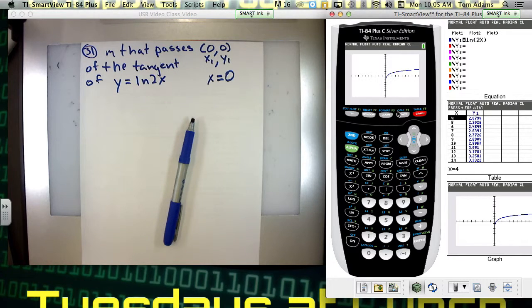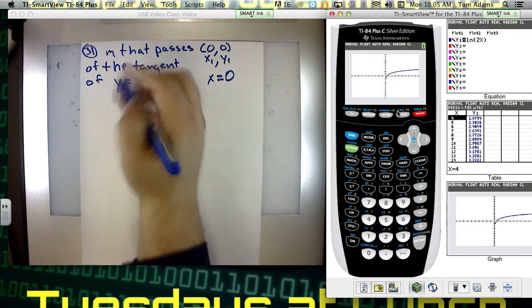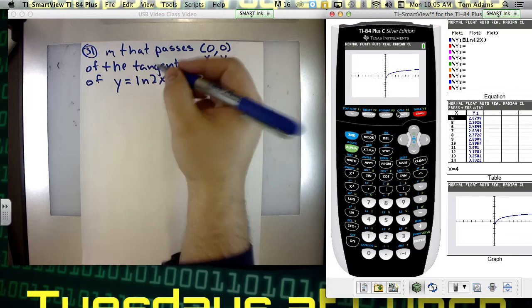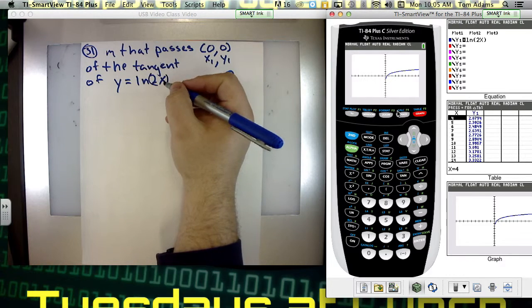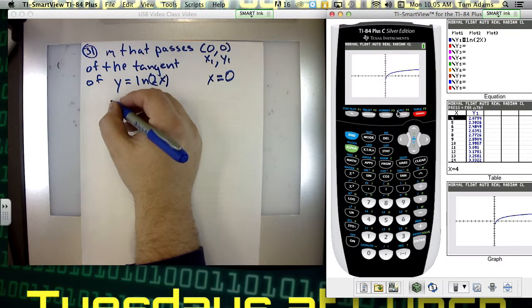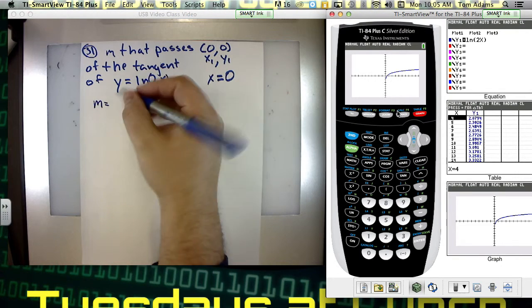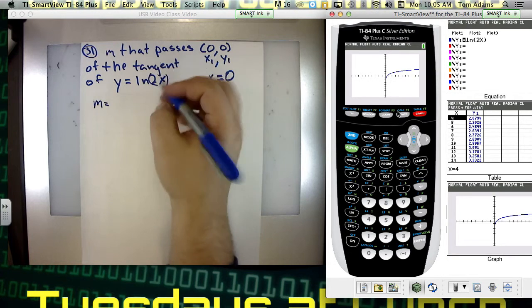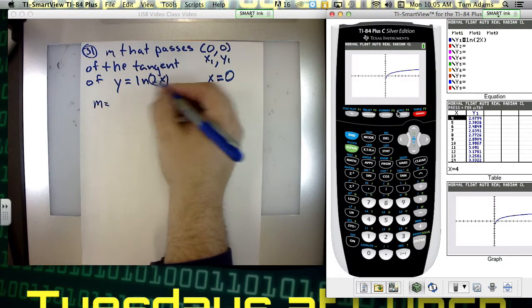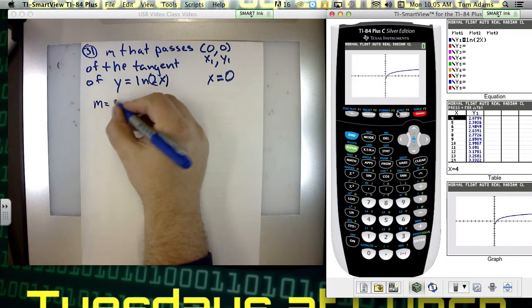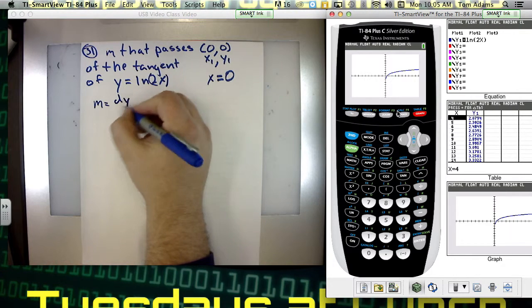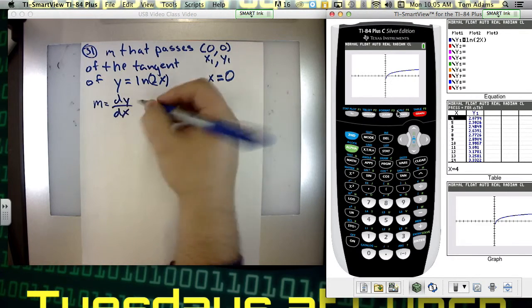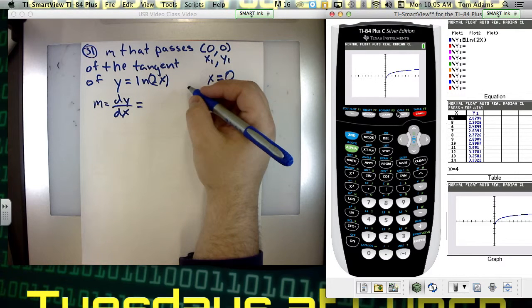So the way that we solve this is kind of complicated. So this is where we need to think. If I take the derivative of y, the natural log of 2x, that's not that hard, because basically what I'm saying is that the slope of the tangent to the natural log of 2x is the derivative of this function.